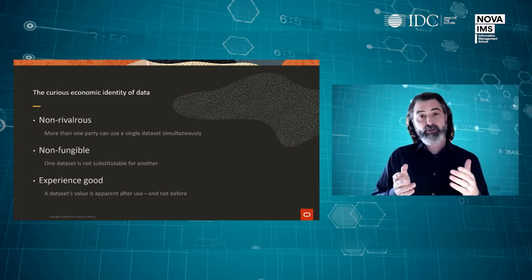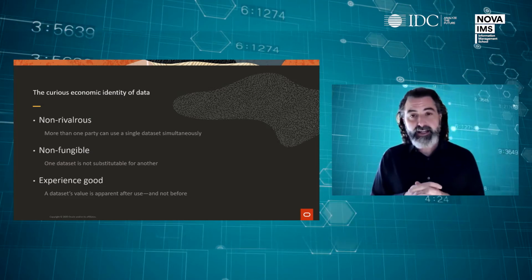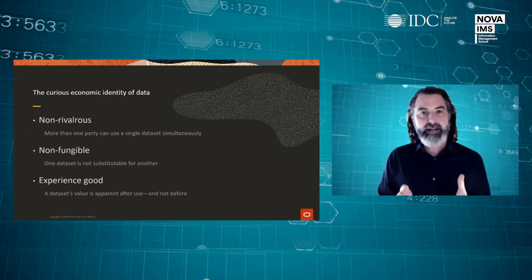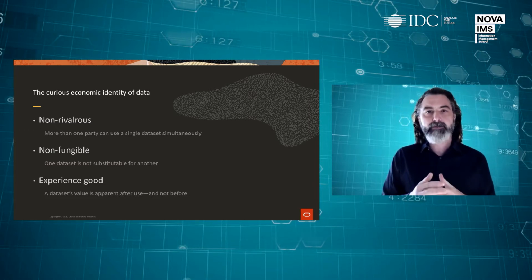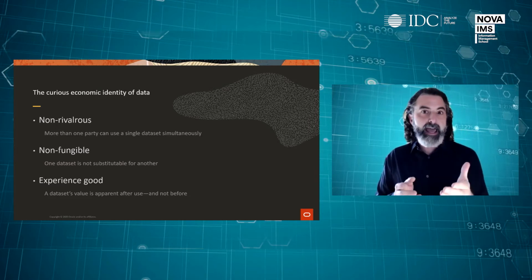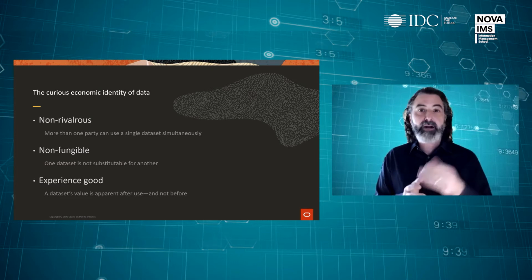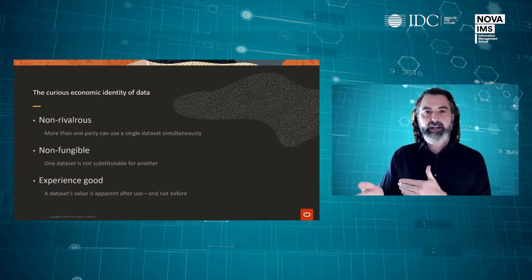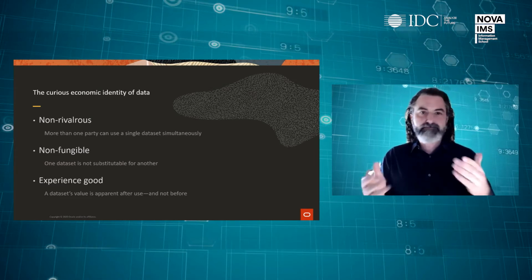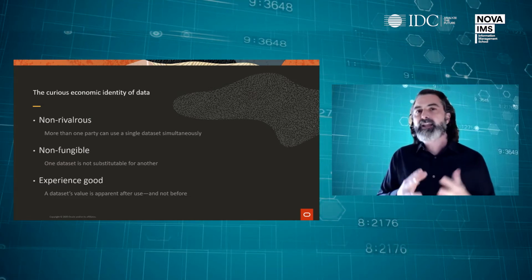Data is also non-fungible. Now, what this means is that unlike true commodities, like say oil, where you don't care if you have unit A or unit B, you don't care if you put barrel A or barrel B into the refinery because they're each going to carry the same energy and therefore create the same value. Data is not like that.